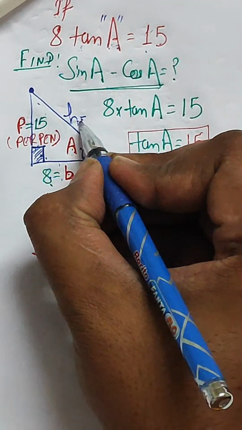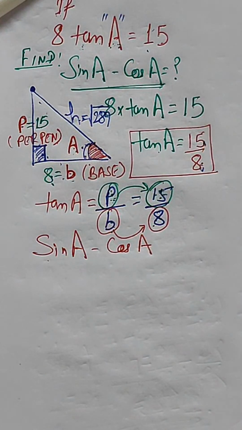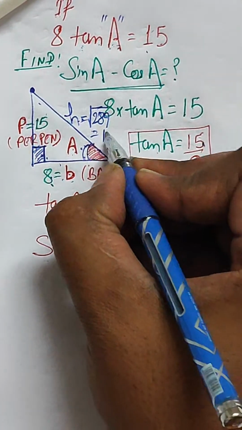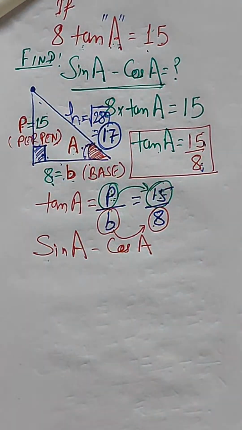Root 289 gives the value of H, which is 17.